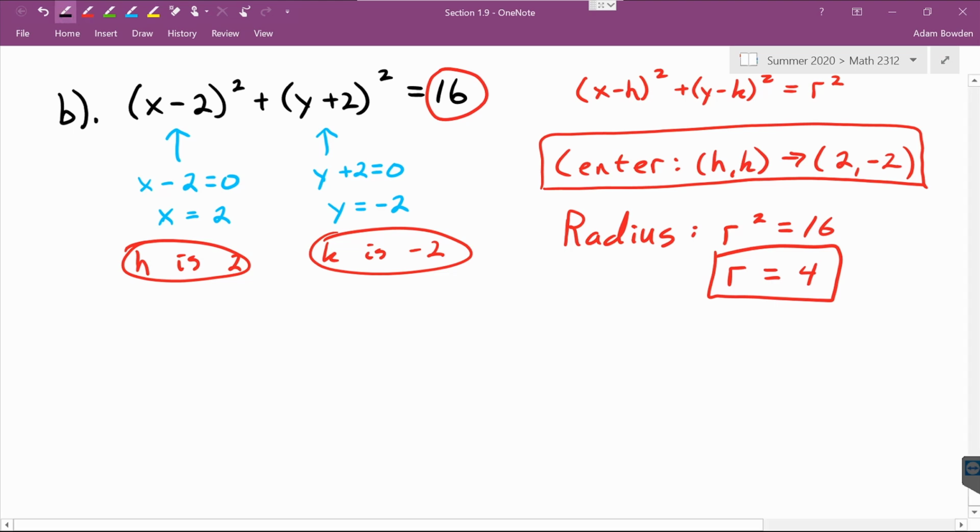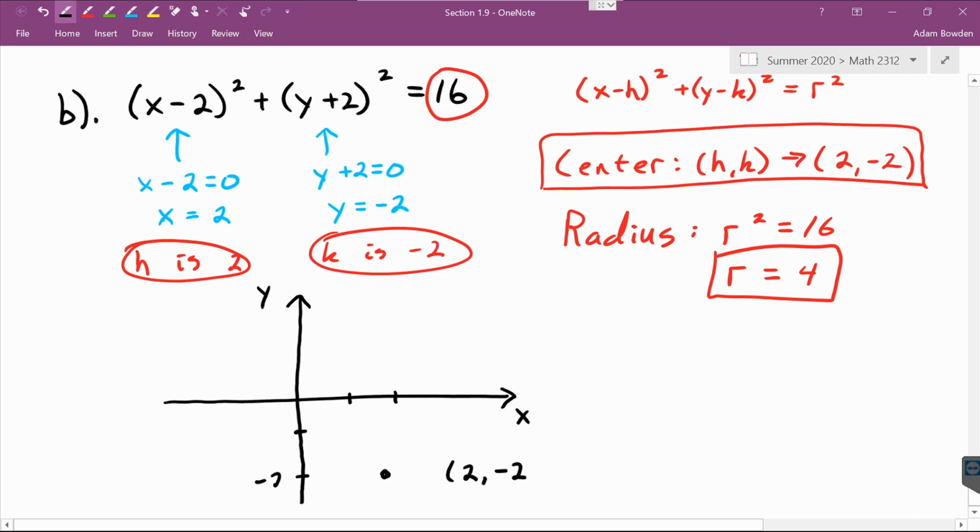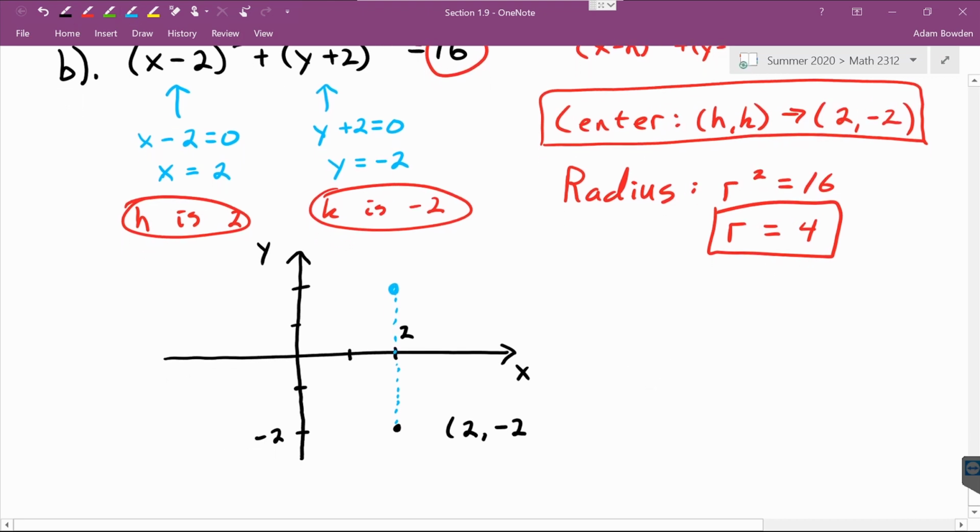So if I'm going to sketch this, I'll take the radius and take the center, and that'll allow me to draw the graph. We find our center at 2 comma -2 down here. And we'll just do our best to try to kind of consider a radius of 4 in this case. Somewhere out there about is where our radius should be.